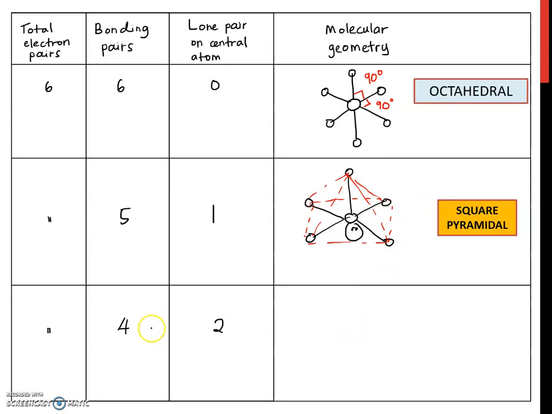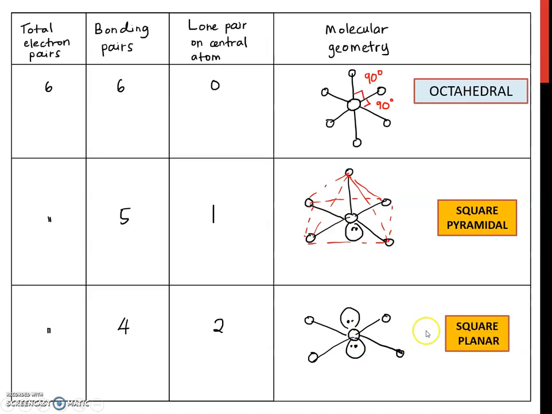So when there are 4 bonding pairs or 4 atoms and 2 lone pairs on the central, you imagine from octahedral. So now there are only 4 atoms bonded to the central atom, or 4 bonding pairs only. And then the lone pairs are located top and bottom here. So the molecular geometry for this one is square planar.